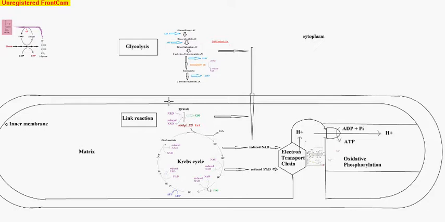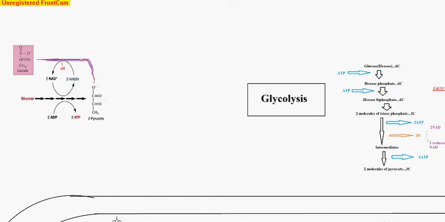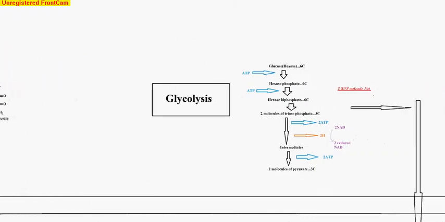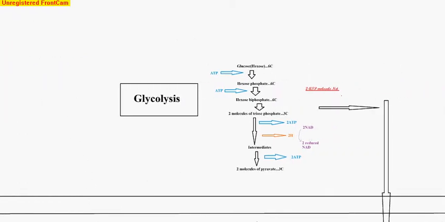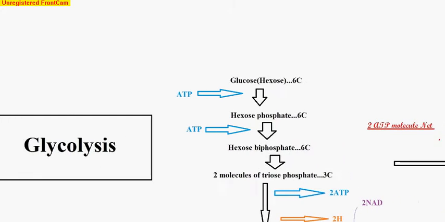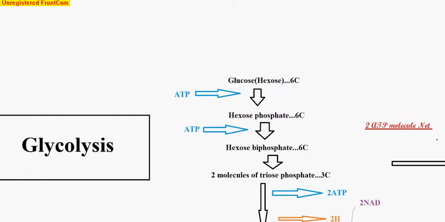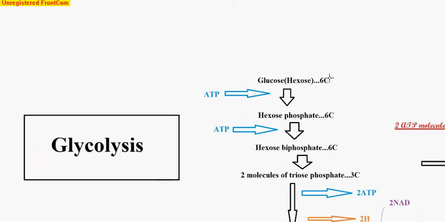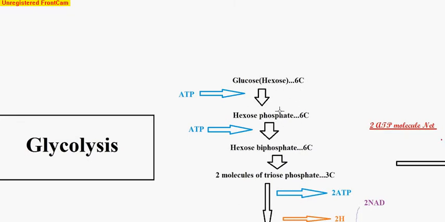Now we know that the raw materials for respiration are oxygen and glucose. So here we can see glucose, let's start with glucose. The glucose enters here. Another name for glucose can be hexose, which simply means 6 carbon. The first thing that happens is it gets phosphorylated.